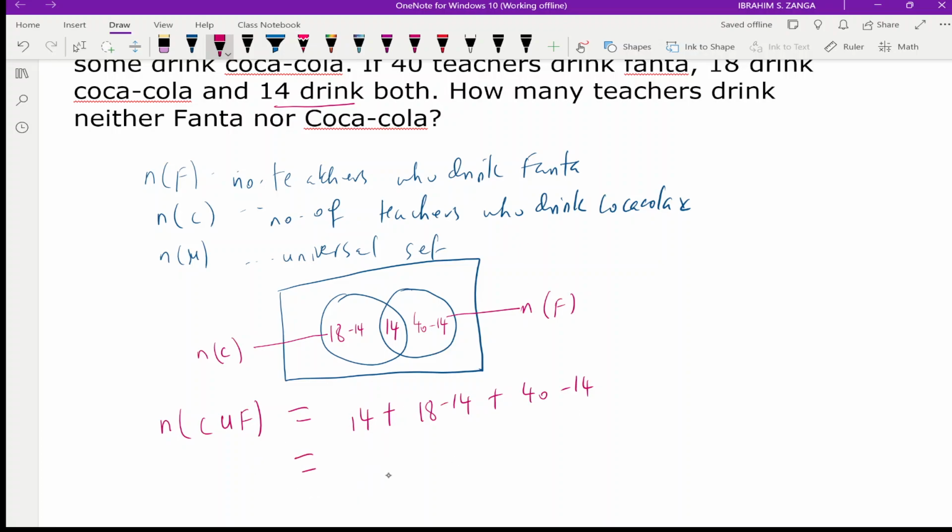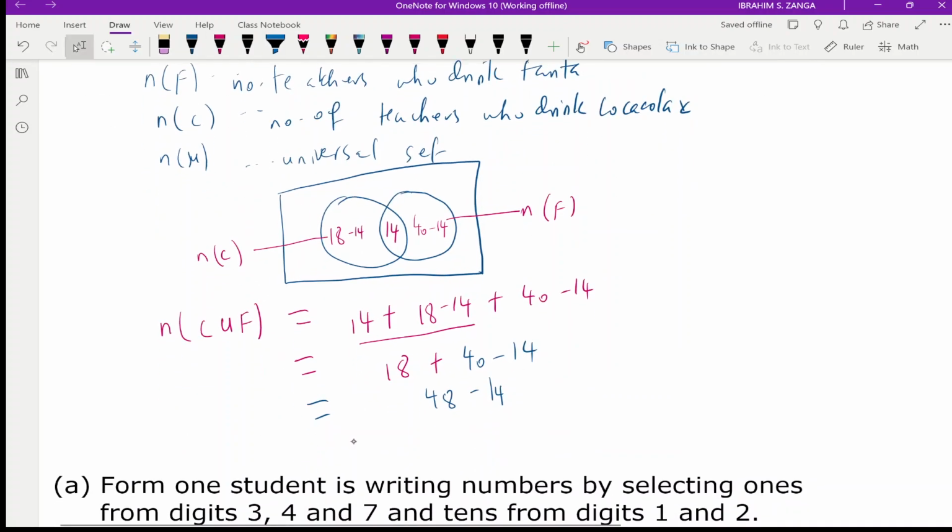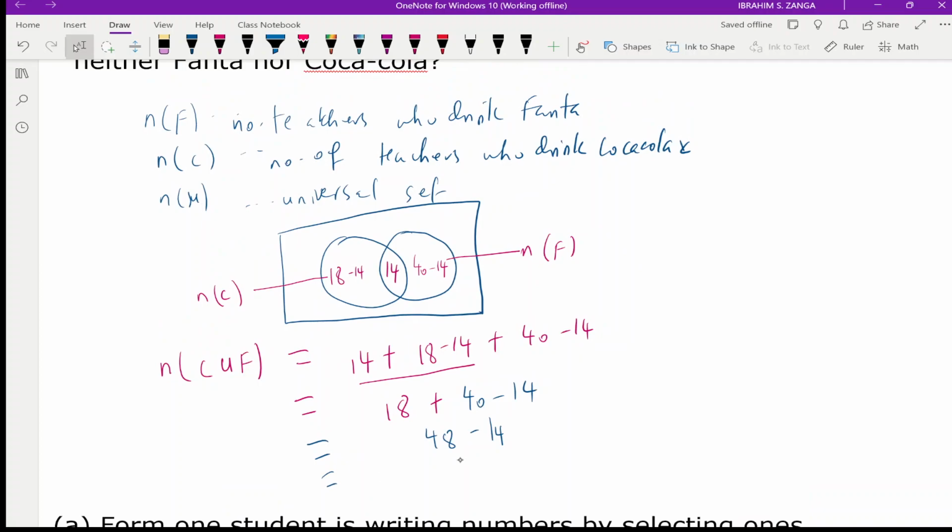It is basically 18 plus 40 minus 14, dear students, and eventually we are getting 58 minus 14. The result will be equal to 44.